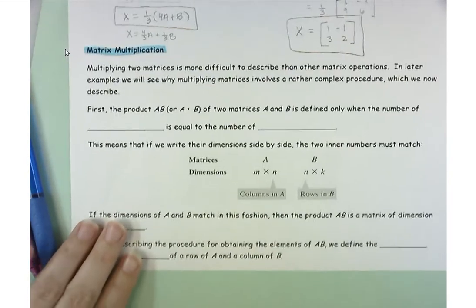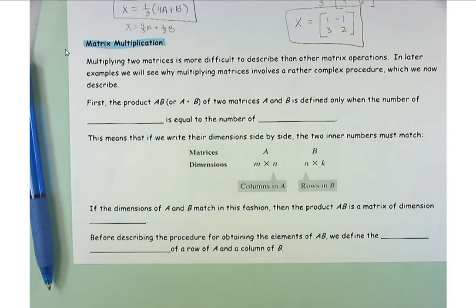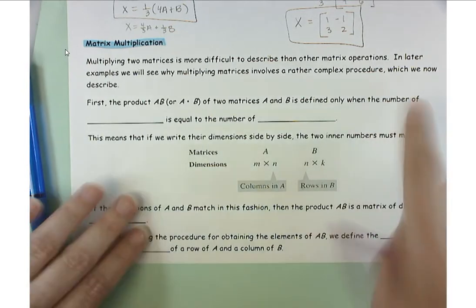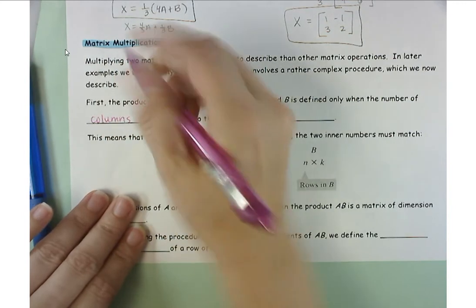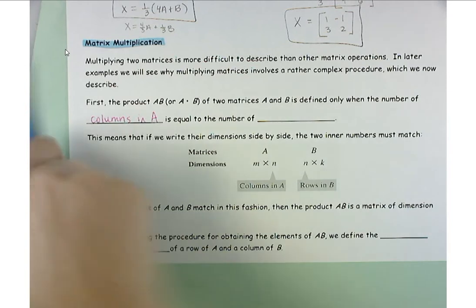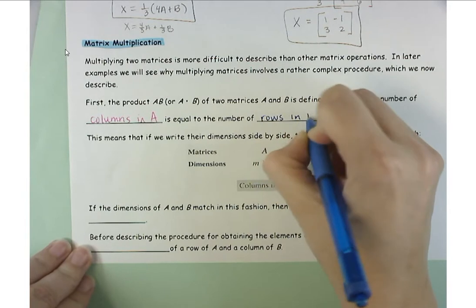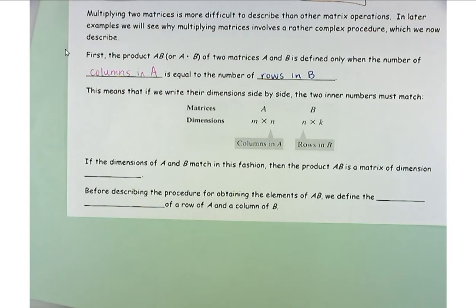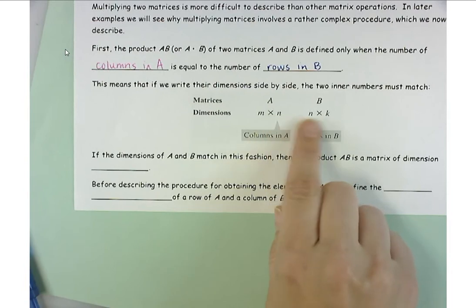But before we describe it, there's a couple of things we have to identify first. So if you can even find the product, then the number of columns in A has to be equal to the number of rows in B. So if we put the dimensions side by side, you'd see that these two match.